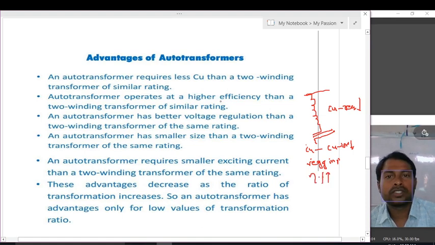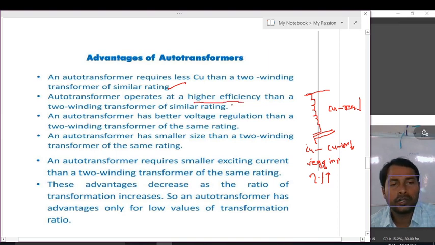Let us discuss this. Copper requirement is very less compared to the two winding transformer, this we know, and it operates at high efficiency because copper reduces, so copper losses reduce. That's why efficiency is higher when compared to the two winding transformer. And also voltage regulation is better because the length of the copper is less, so voltage drop is less.